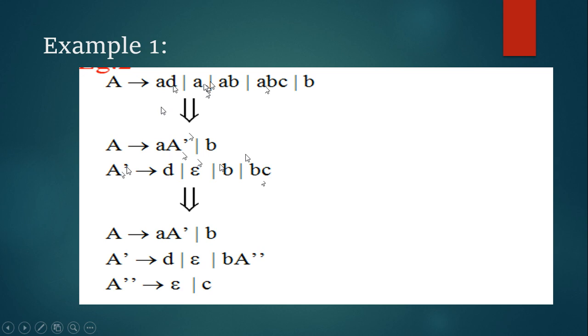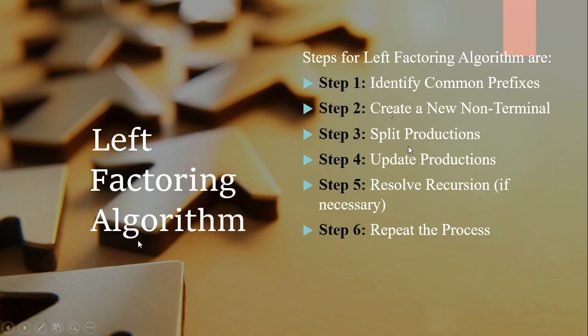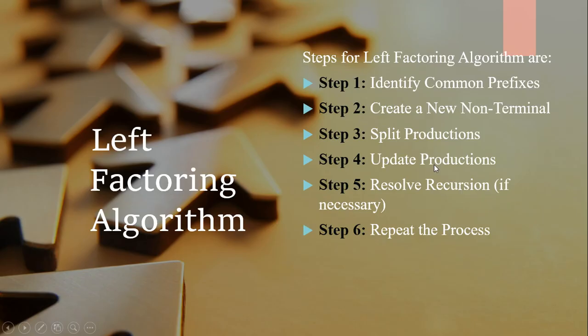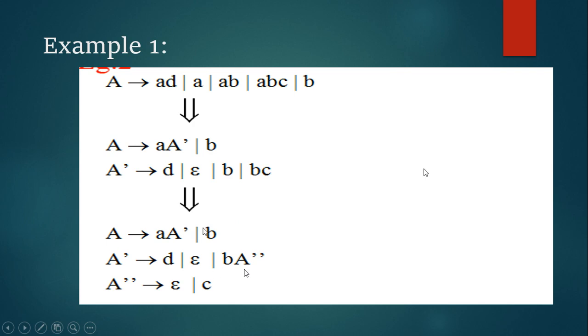Here in A dash we have B as a common prefix in B and BC. In our next step we are going to solve this. We split the production and update it. Here is the updated one.